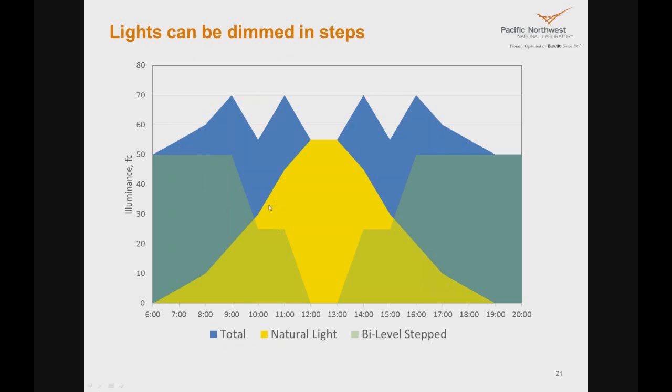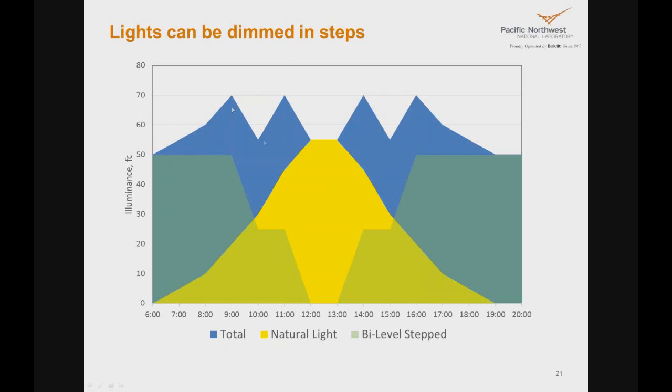And then as you start getting more and more natural light during the day, your total light level on the workspace goes on increasing until you hit 50 foot-candles from natural light, in which case you can turn off all the artificial lights.